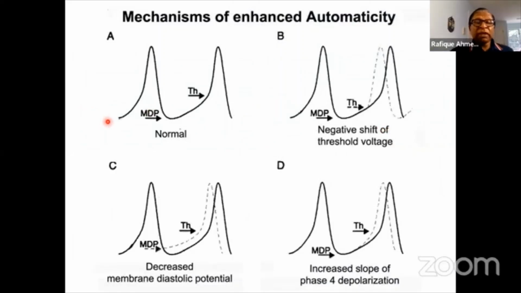You remember the sinus node action potential that I showed is a little bit of a sinusoidal wave. This is normal. If I move the threshold here to negative, the action potential will come earlier and the rate will be faster. I can also make the whole thing go up, decrease the membrane diastolic potential, and that will reach the threshold faster. I can do that if I give a sympathetic drug, adrenaline. Or we can change the slope of this whole thing and make it faster.